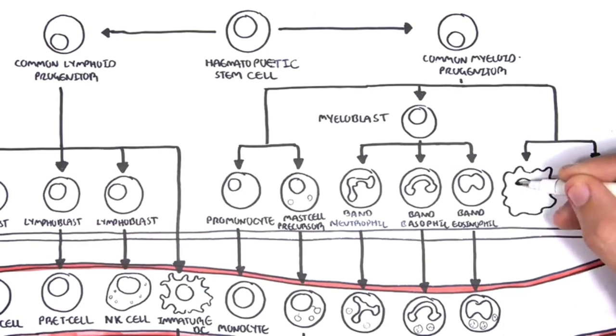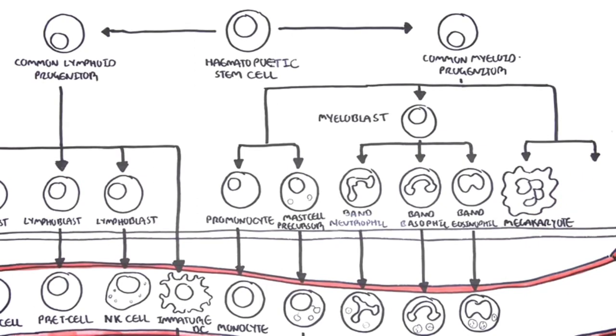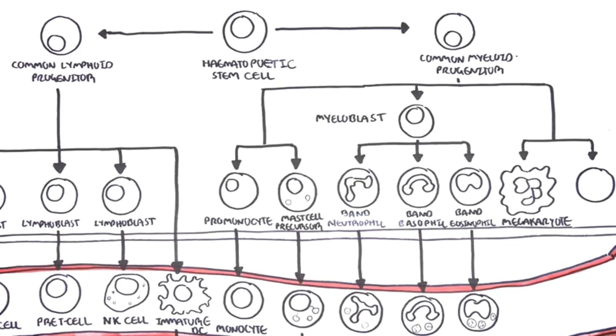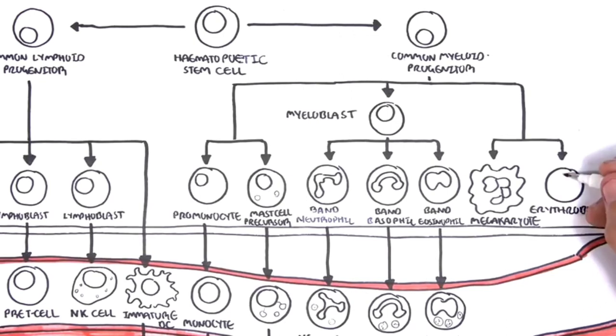These cells differentiate and become megakaryocytes with stimulation of thrombopoietin, a hormone produced by the liver and the kidneys, or the myeloid progenitor cells can become erythroblasts through stimulation of erythropoietin, a hormone released by the kidneys.